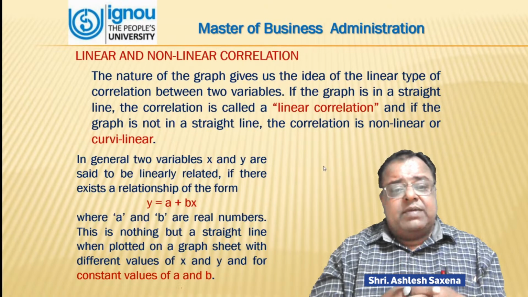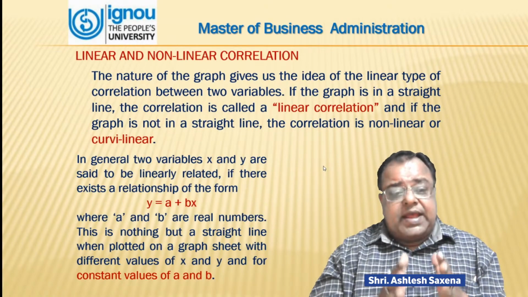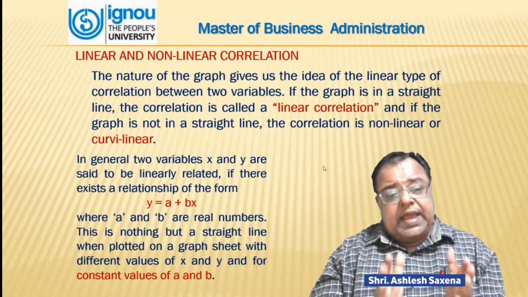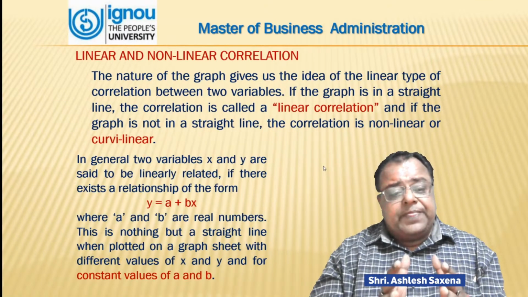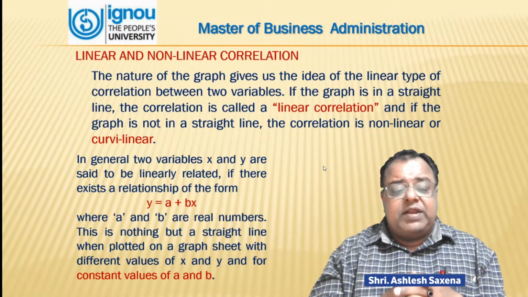In general, two variables x and y are said to be linearly related if there exists a relationship of the form y = a + bx, where a and b are two real numbers. There is nothing but a straight line when plotted on the graph sheet with different values of x and y for constant values of a and b.